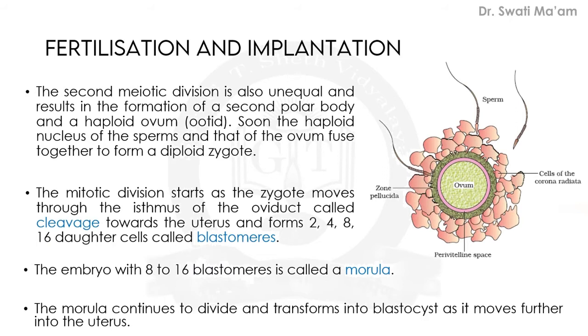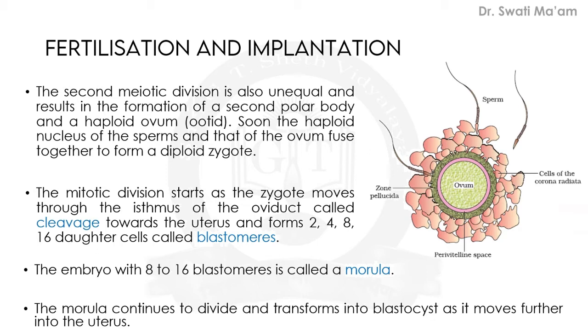Later on, the entry of the sperm induces the completion of the meiotic division of the secondary oocyte. The second meiotic division is also unequal and results in the formation of the second polar body. Earlier we have seen that the first polar body developed.